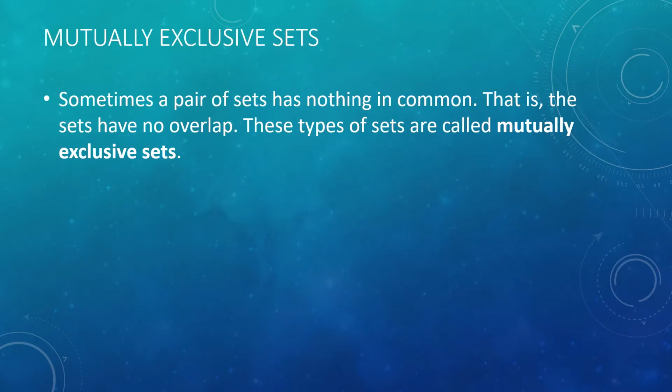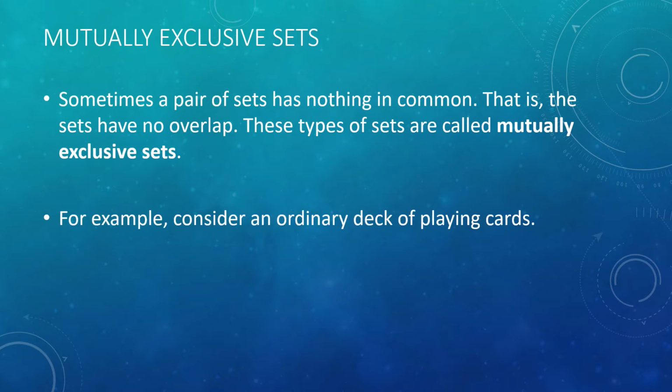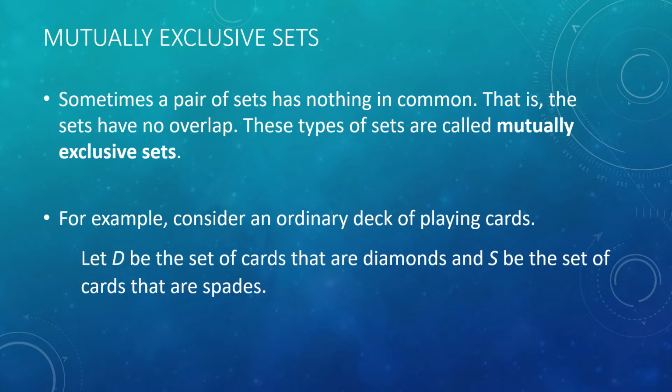Now, building off of the intersection of two sets, we have something called mutually exclusive. Whenever two sets have nothing in common, so they have no overlap, these types of sets are called mutually exclusive. Another name for these types of sets is disjoint. For example, consider an ordinary deck of playing cards. Let D be the set of cards that are diamonds, and let S be the set of cards that are spades.